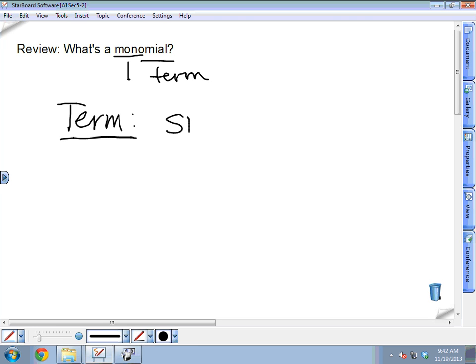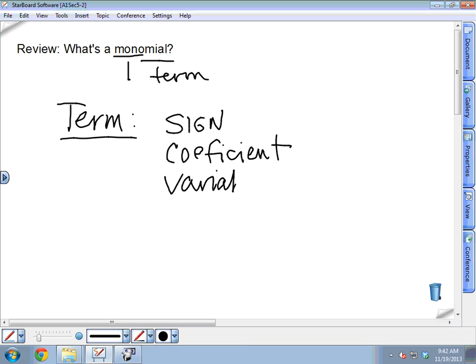A sign, a coefficient, and a variable. If you're going to have a term, you're going to have a sign and a coefficient. Those are demanded. Okay?